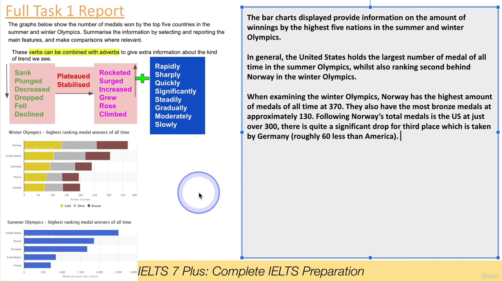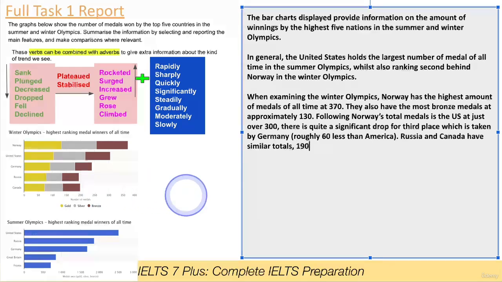Okay, so let's talk about maybe Russia and Canada having similar numbers, but Russia, in fact, have slightly more gold medals. Russia and Canada have similar totals. Let's go for 190 for Russia and just shy of 200 respectively.